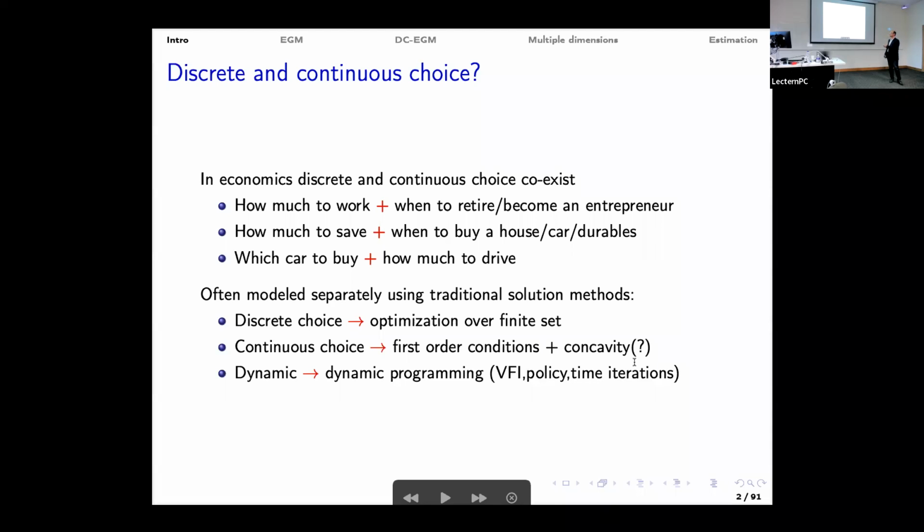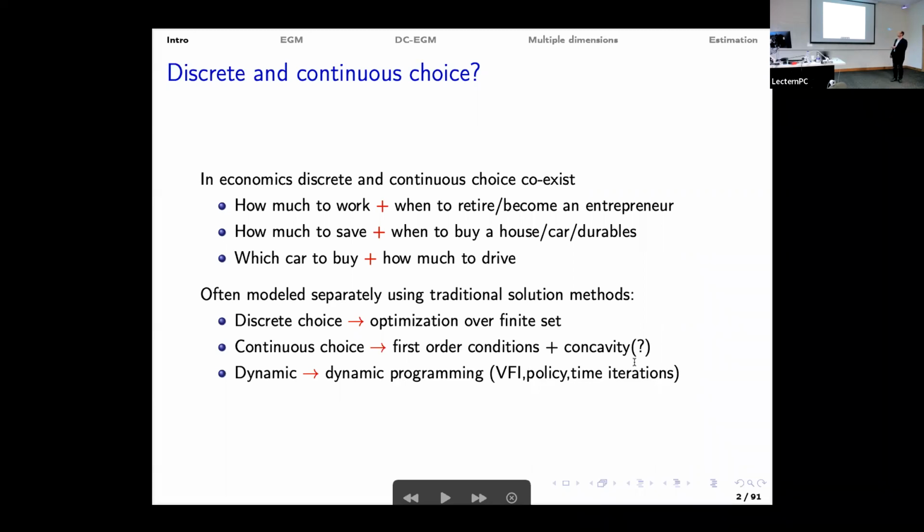Like in the last case here, in the paper that Bertel talked about this morning, there was driving, which is a continuous choice. And yet by assuming that driving does not affect the evolution of the car, it's just the age, then we could separate the continuous choice into its own kind of static form.